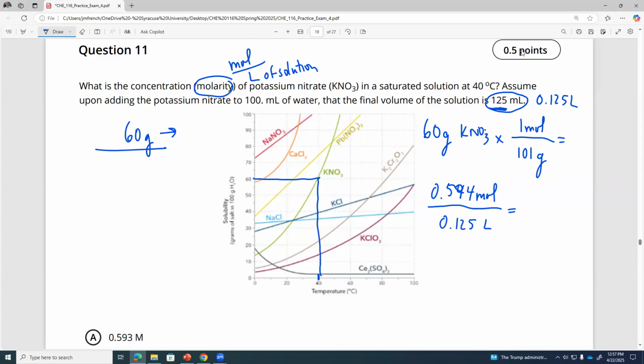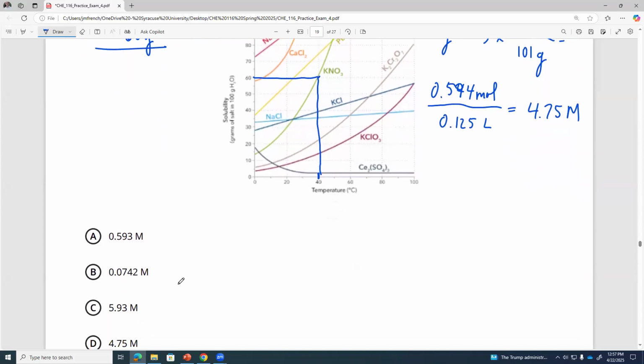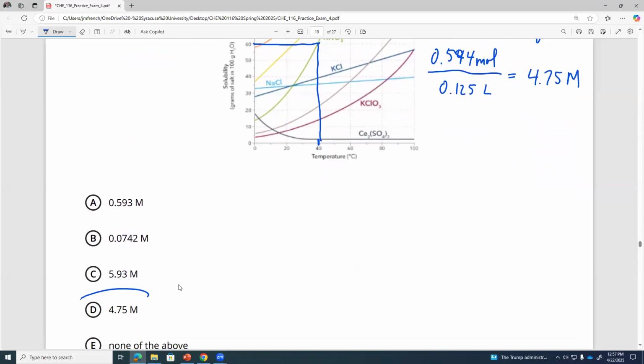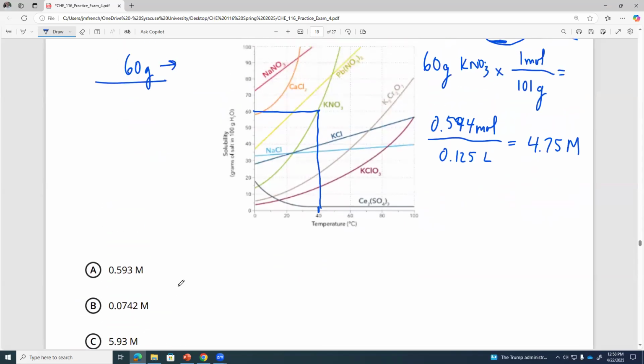All right, I get 4.75 molar. All right, saved, yeah. So choice D, right, 4.75 molar would be the concentration of potassium nitrate in this solution.